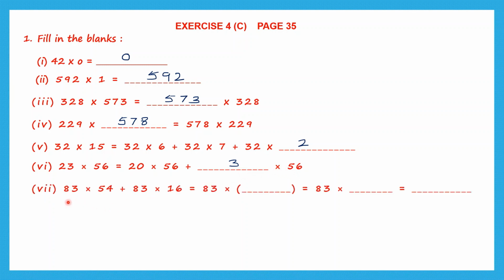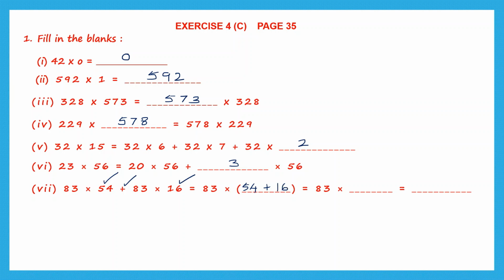Question 7. 83 into 54 plus 83 into 16 is equal to 83 into dash. So this is again the distributive property. So I've taken 54 here and that is from here 54. Now take the plus sign, and then add 16 because 83 is repeated, 16 is missing.